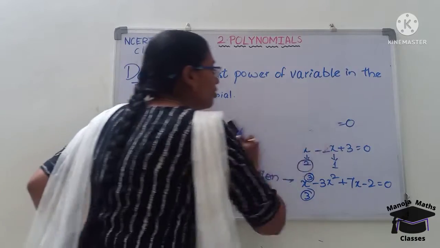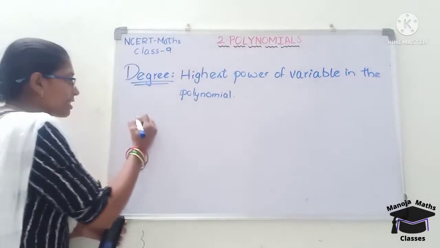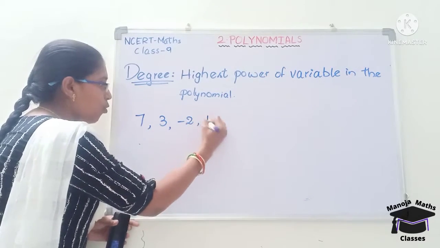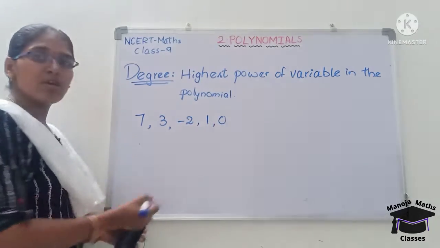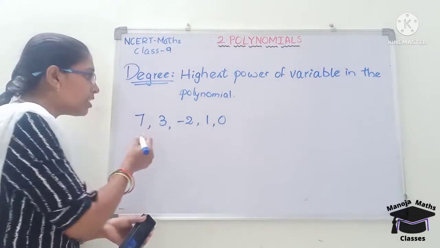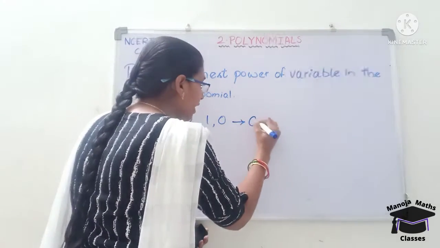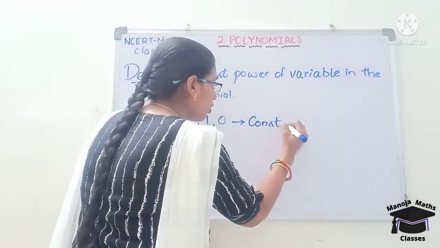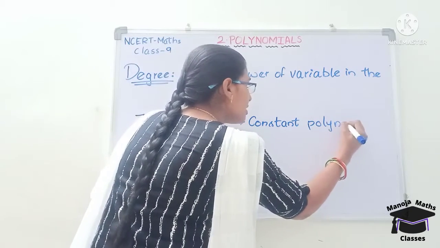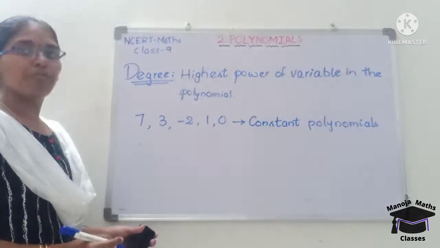Children, what is the degree of a constant, children? Let's take some numbers. 7, 3, minus 2, 1, 0. All these are what, children? Numbers, and these are also called constants. These constants are also polynomials, children. They are called constant polynomials.